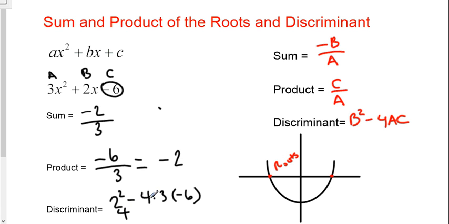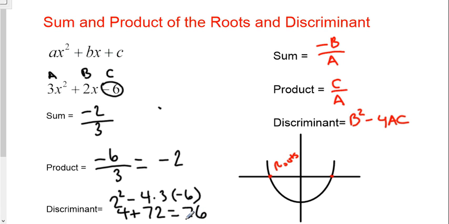And we're going to subtract a negative at some point, so we're actually going to end up adding because there's two negatives there. And we're going to have to do 12 times 6, which is 72. And you just add those two together. And 72 plus 4 is 76. And that is the discriminant.